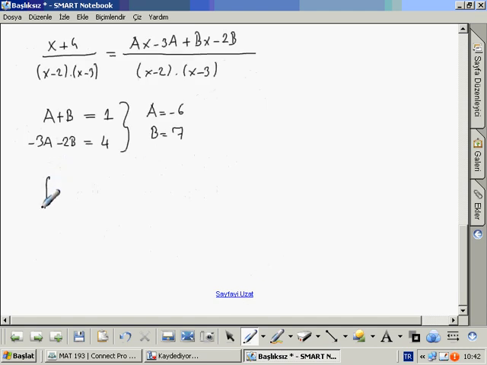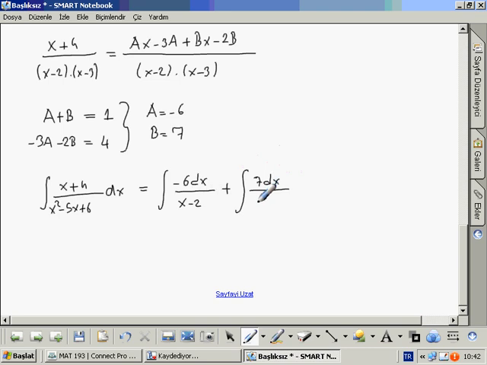After that, the integral of x plus 4 over x squared minus 5x plus 6 dx equals the integral of A dx, which is minus 6 dx over x minus 2, plus the integral of B dx, which is 7 dx over x minus 3.